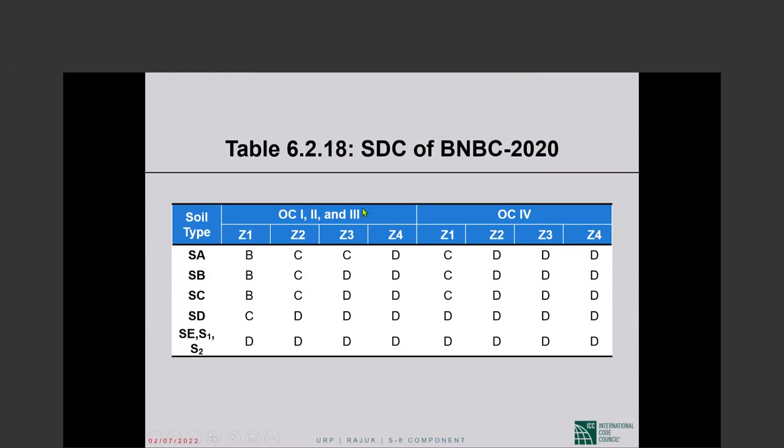If you know your occupancy, so let us say an office building in Dhaka, so that would be zone 2.